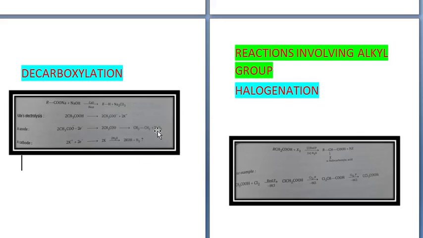Now next is reactions involving alkyl group. In this, first reaction is halogenation. Carboxylic acids having alpha hydrogen are halogenated at alpha position on reaction with chlorine or bromine in presence of red phosphorus to give alpha halocarboxylic acid.